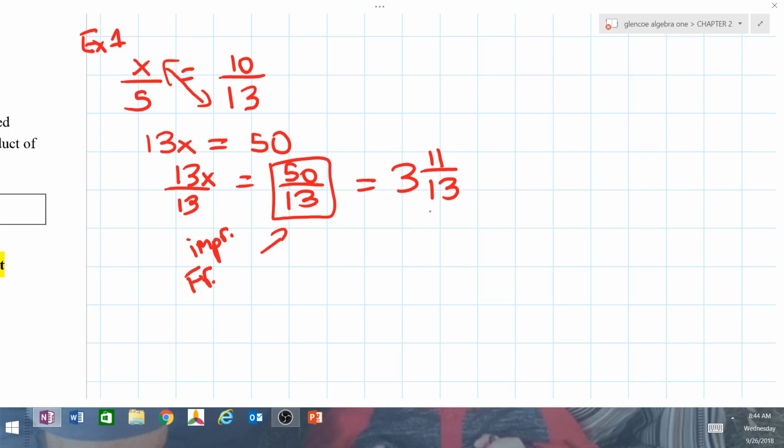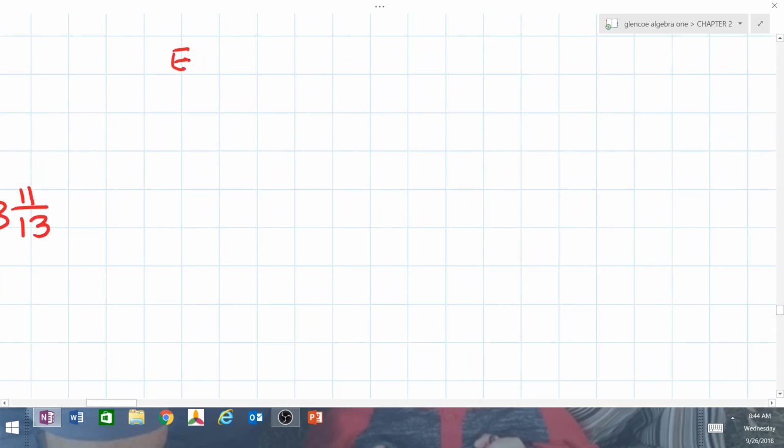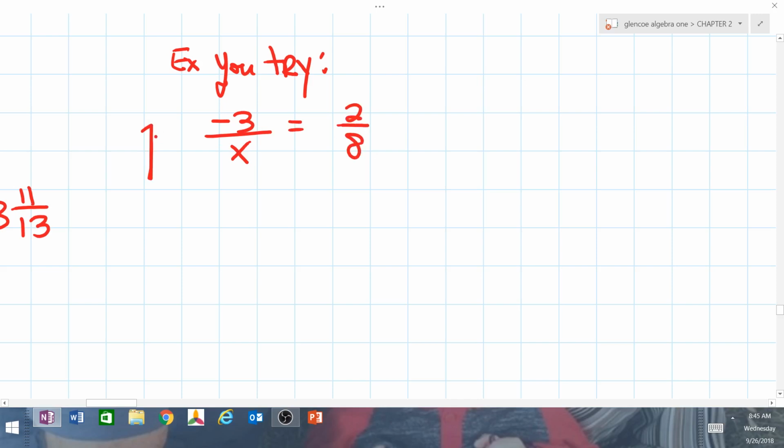All right, so let's go ahead and try. Here we go. Let's give you one to do. You're going to try these two right here. Number 1 and number 2. Number 1: -3 over x equals 2 over 8.